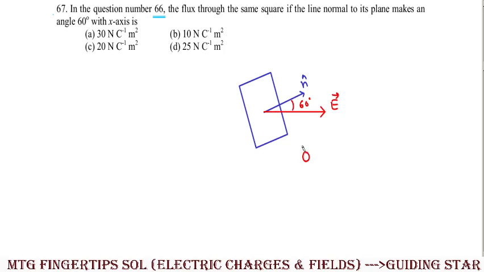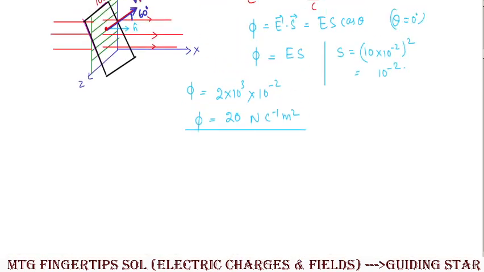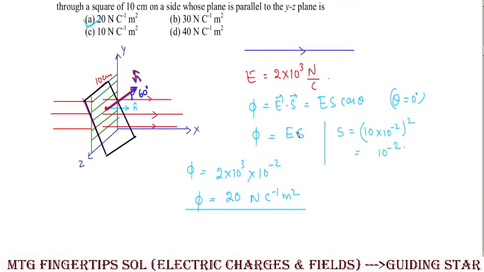Then flux phi is equal to Es cos 60 degree. The value of cos 60 is 1 by 2, so Es by 2 is the value of flux. The value of Es we got right now is 20.